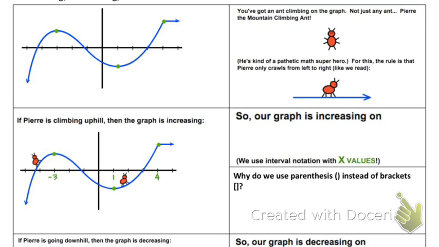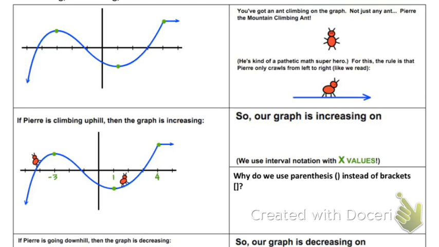You will only use x values for increasing, decreasing, and constant. Don't be the one that uses y values. Statistically speaking, two of you will. The only time you use y values is for range. Everything else, you use x values.